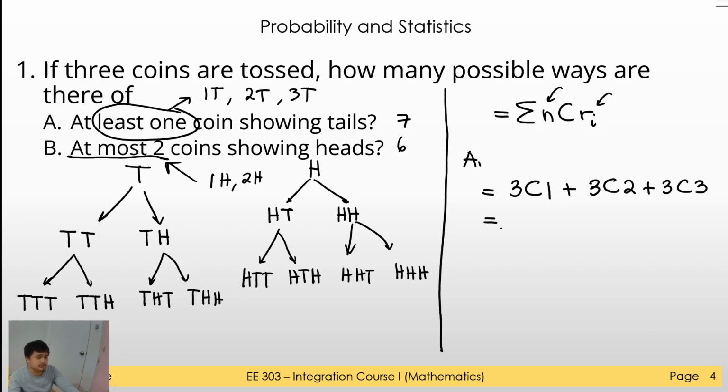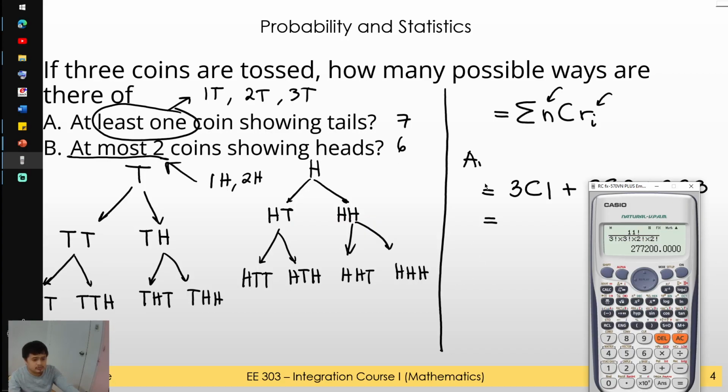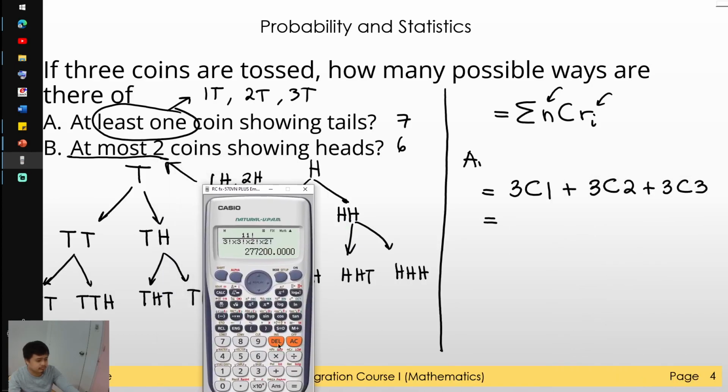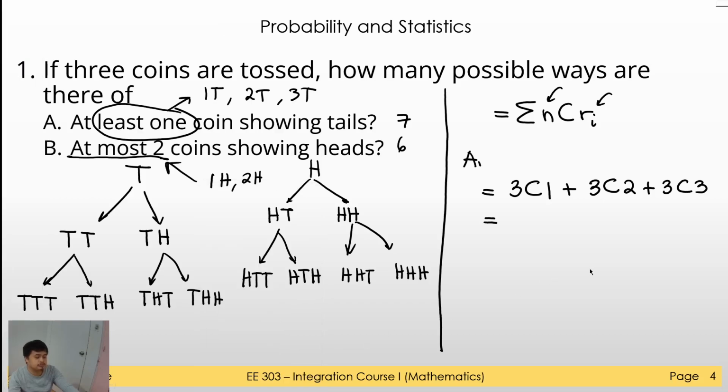So if you input this in your calculator, we have 3 C 1 plus 3 C 2 plus 3 C 3. So the answer should be 7. And then for letter B, you will also do the same thing. So at most only 2. So we have only r equal to 1 and r equal to 2.